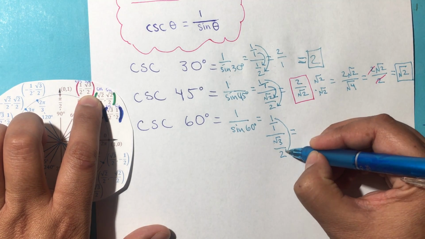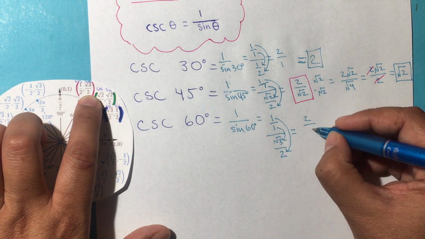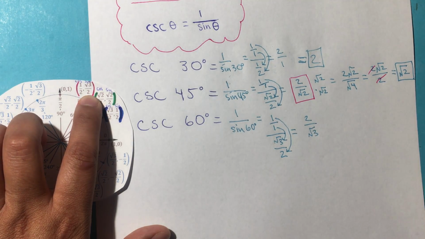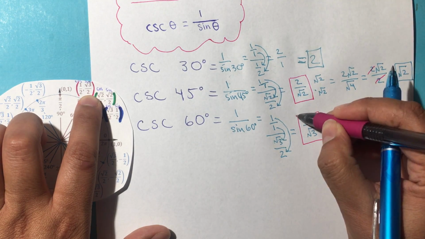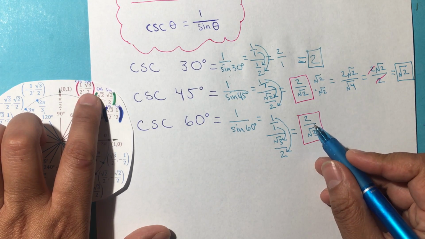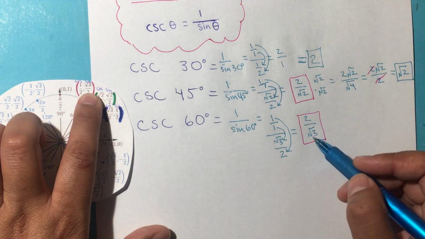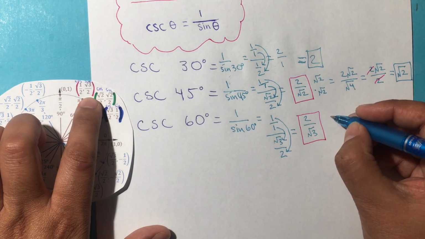We multiply the outer values. 1 times 2 is 2. 1 times square root of 3 is square root of 3. If they don't ask you to simplify, that's the answer. Notice how these are reciprocal, the sine of 60 and the cosecant of 60, reciprocal of each other.